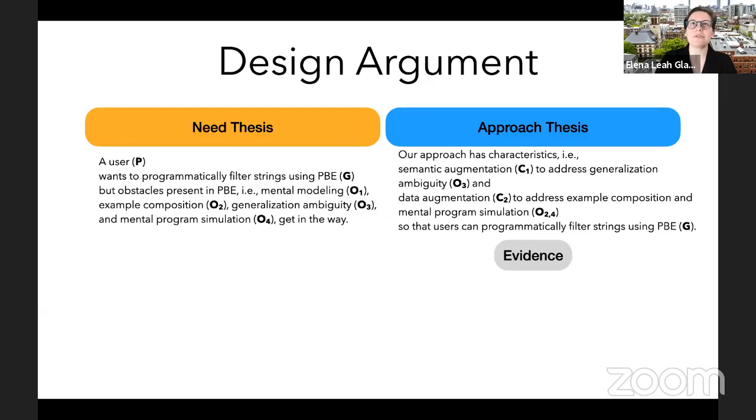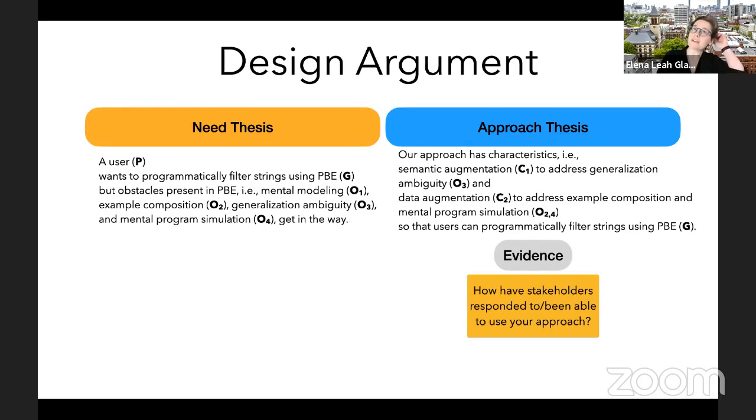I'm speeding up a little bit here, so we've filled in the approach thesis, mapping these characteristics to obstacles. The evidence I'm going to rely on to convince myself and other people that this is valuable is how stakeholders, or how users, respond to this approach.